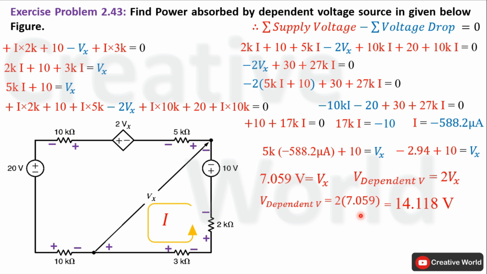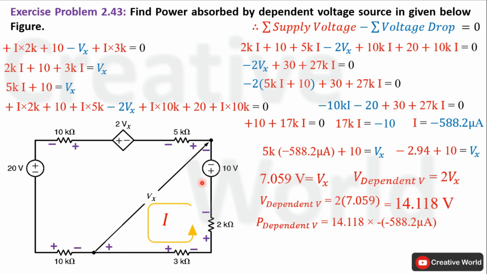We have calculated the voltage across this dependent voltage source. Current through this dependent voltage source, that is I, is already calculated in previous step. So we can calculate the power of this dependent voltage source by using power basic formula, that is the product of V and I. Voltage across this dependent voltage source is 14.118 and current through it is minus 588.2 microampere.